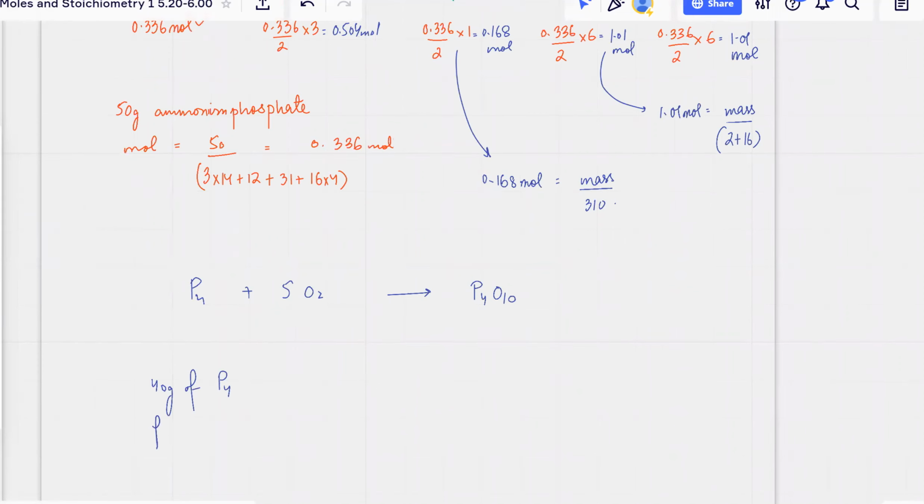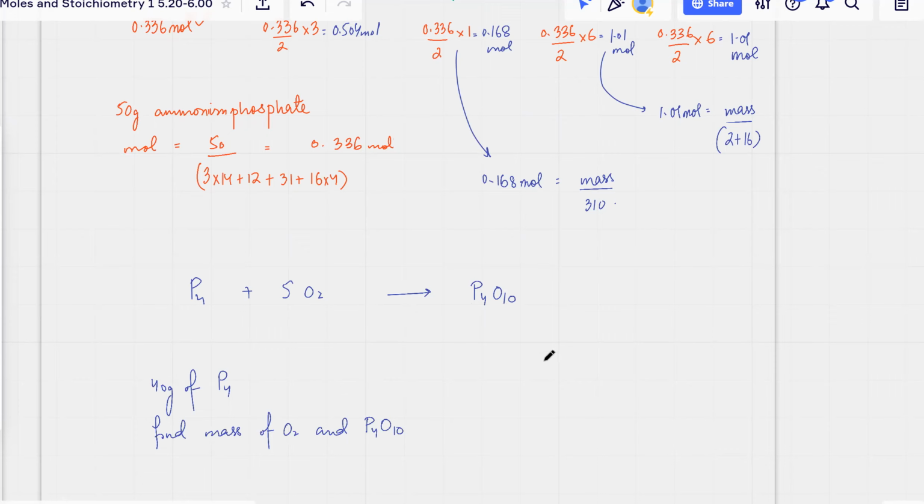Find the mass of O2 that is required and the mass of P4O10. You can't find the mass directly, first you have to find the moles. You find the moles of this, and from its moles you can figure out the moles of all the other substances, then by applying the formula you can find the mass.